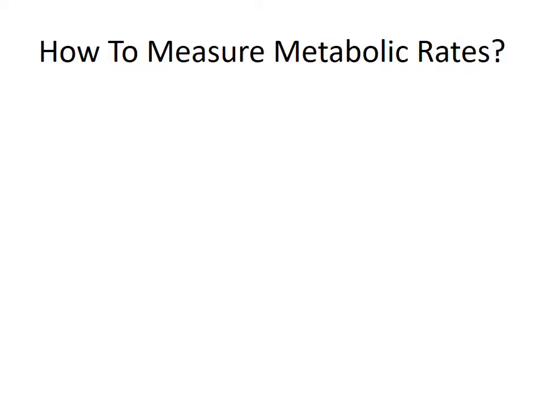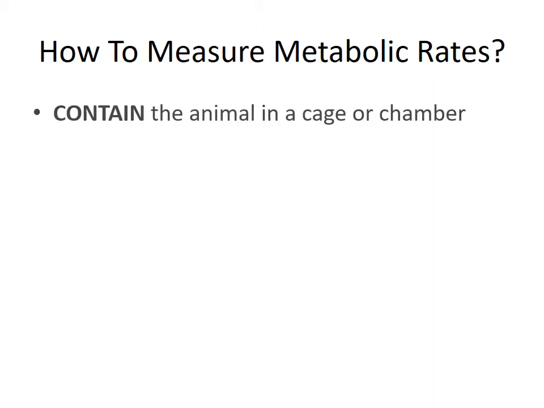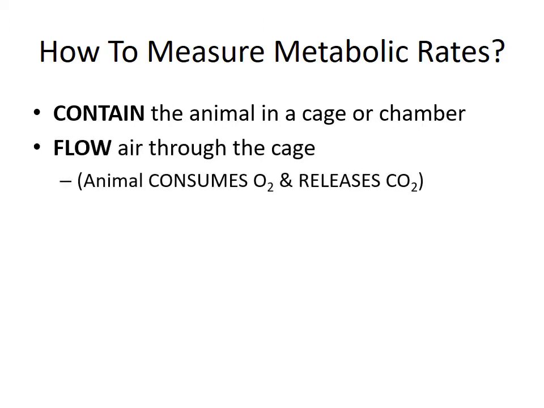Now, moving right along, let's look at how we actually measure metabolic rates. We're going to be concentrating here on metabolic rates of experimental animals, and particularly small ones such as mice and rats. First of all, you contain the animal in a cage or chamber. You flow air, pushing it or pulling it, through the cage, and the animal, of course, is consuming oxygen and releasing CO2 unless it's dead.